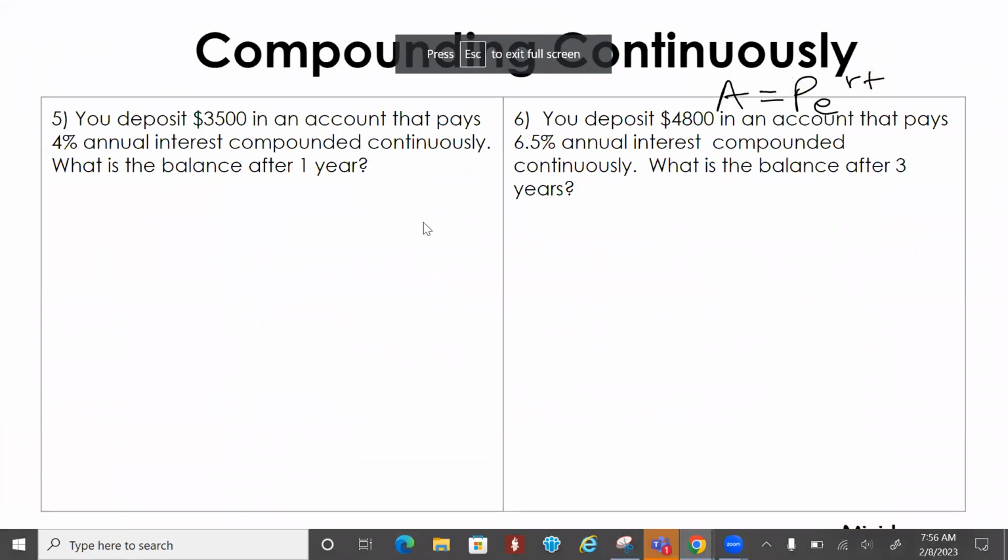Okay, so what we're going to do is plug this information into this equation. So it says you deposit $3,500. Well, $3,500 is going to be our initial. E is going to be our base. Our rate is 4%, so we're going to change that to a decimal.